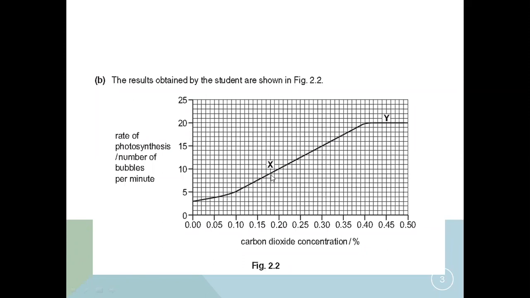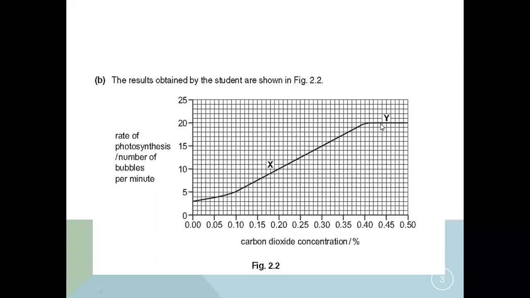Because there is too much carbon dioxide, the rate of photosynthesis is high. But there is still carbon dioxide at 0.4, and it becomes constant. So it means we still have carbon dioxide, but the rate becomes constant.